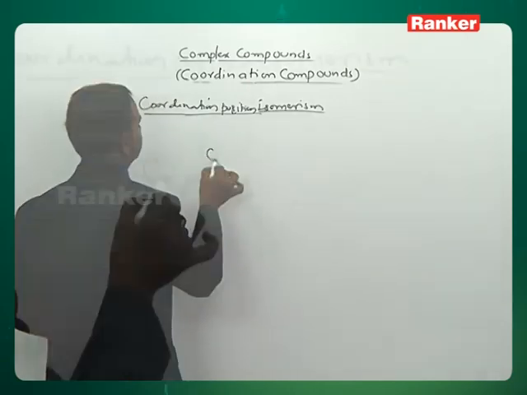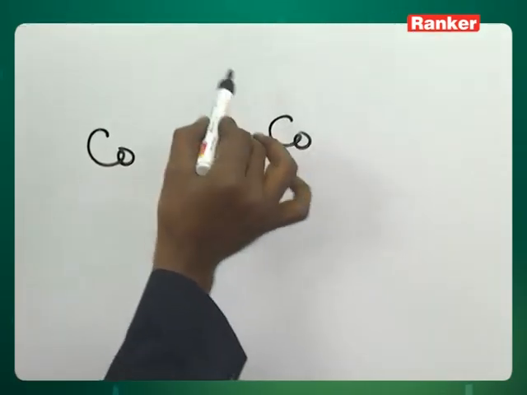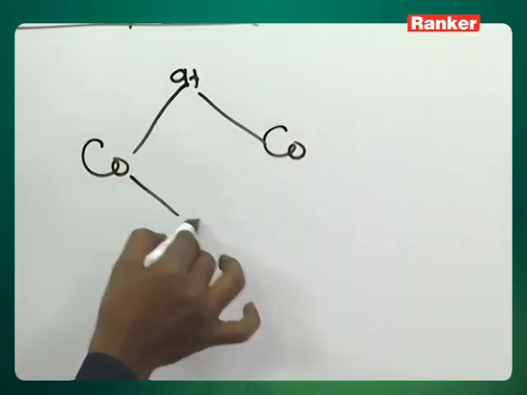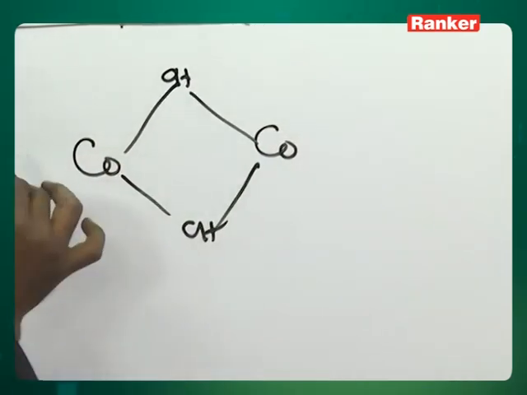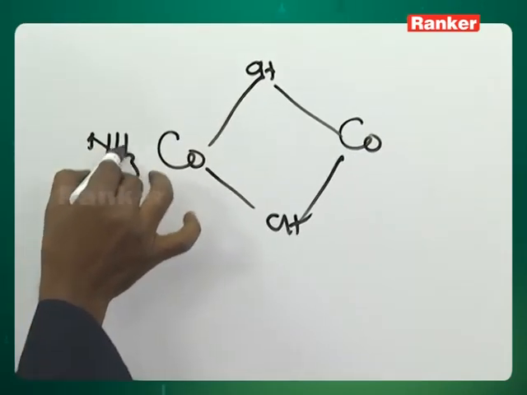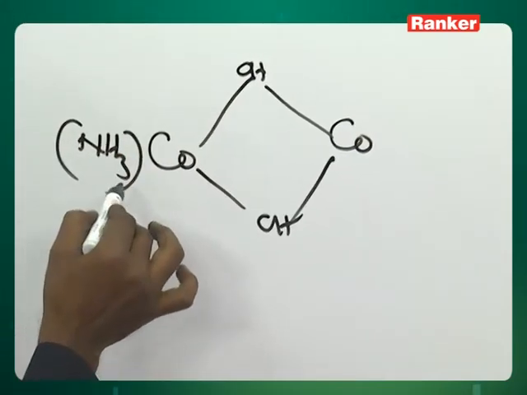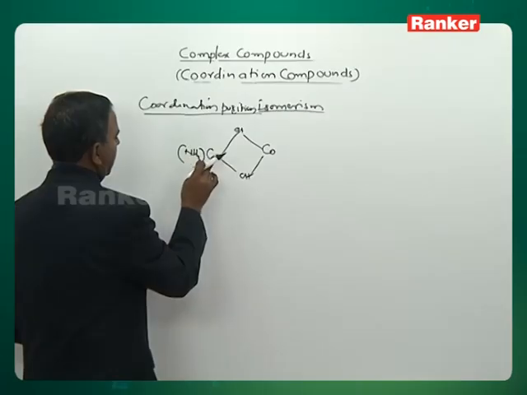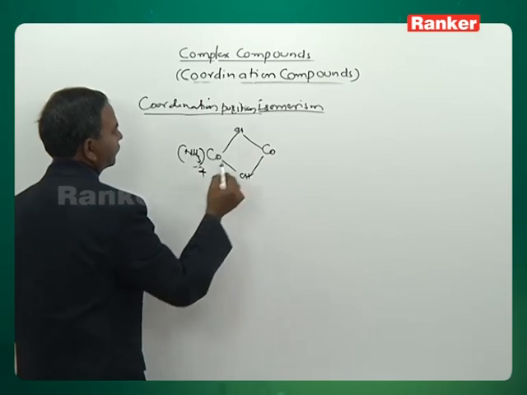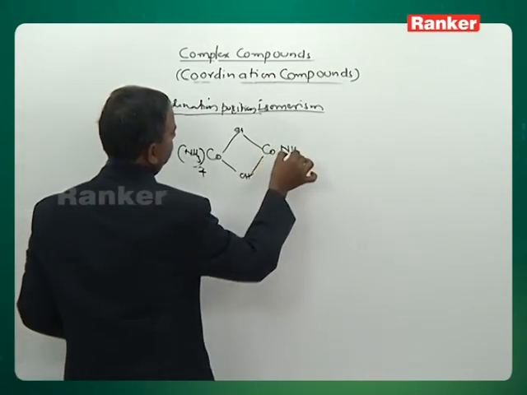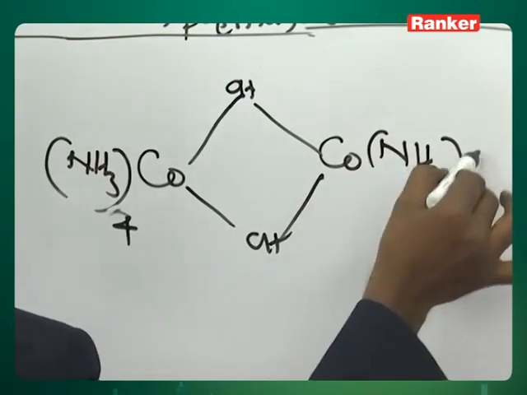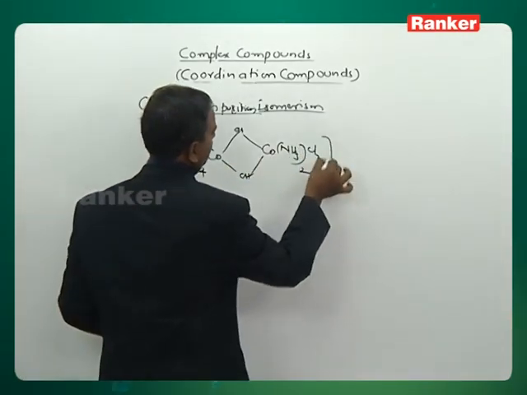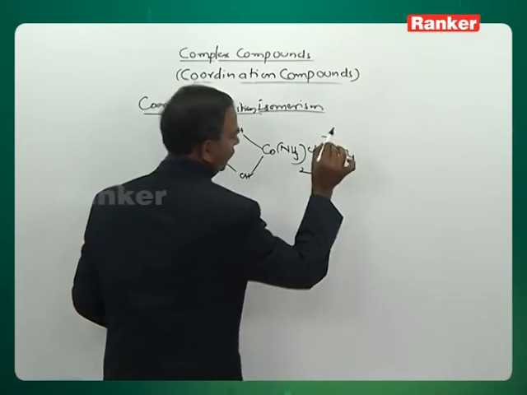Look at the board. NH3 taken 4 times, let me write this side. This side I am writing NH3 taken twice, Cl2, sulfate.